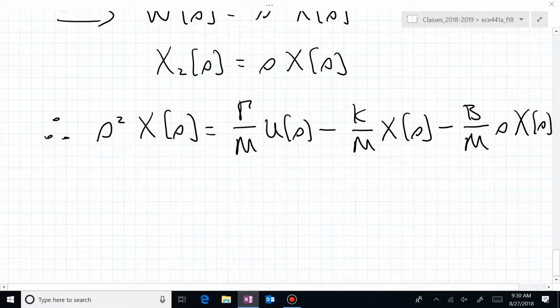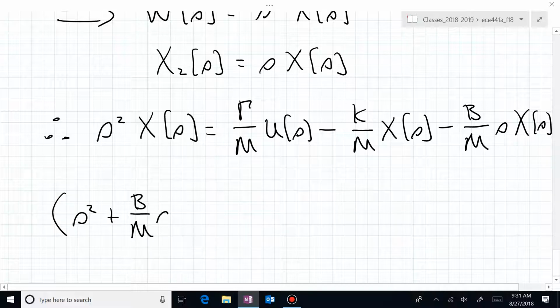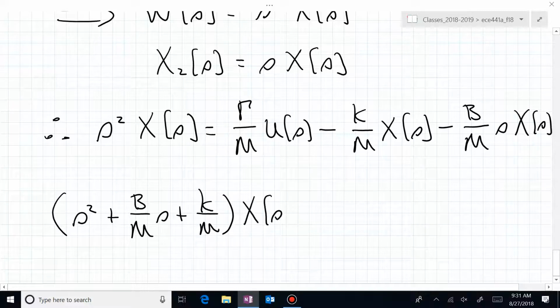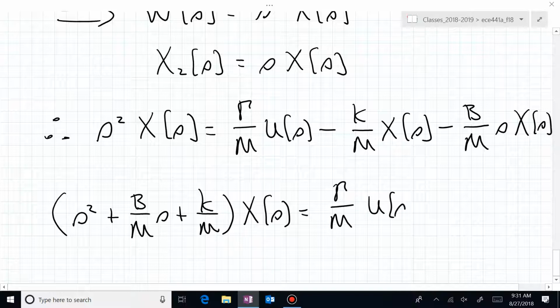And now we are in a position to collect terms, and we have s squared plus b over m s plus k over m times x of s equaling gamma over m u of s.